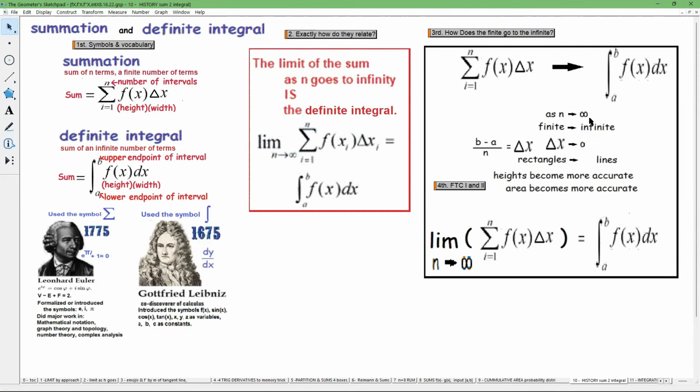As n goes to infinity, we take a sum and turn it into an integration.